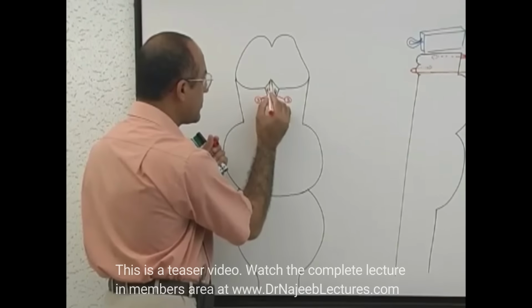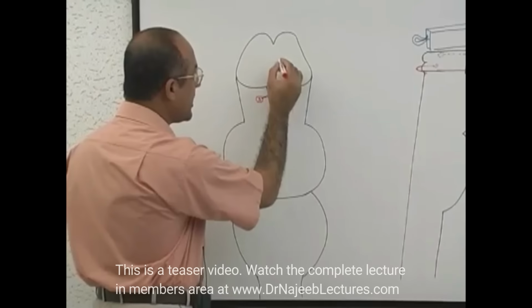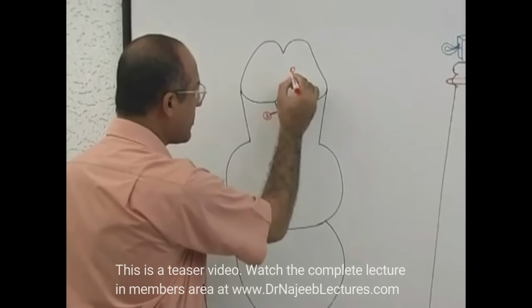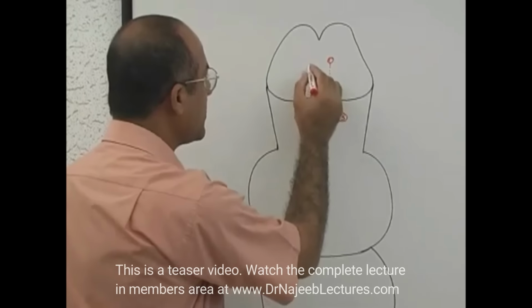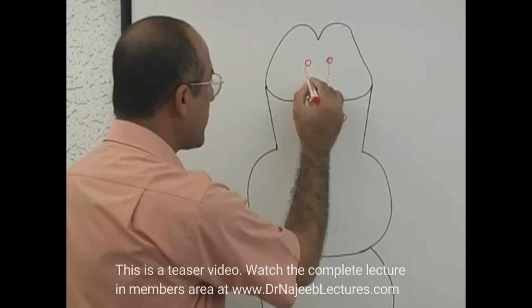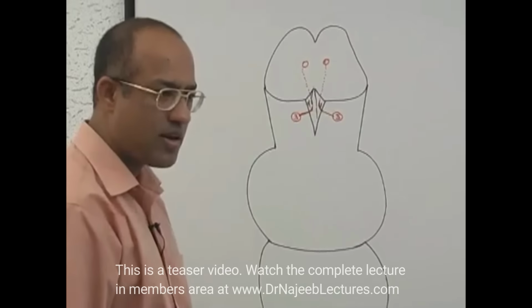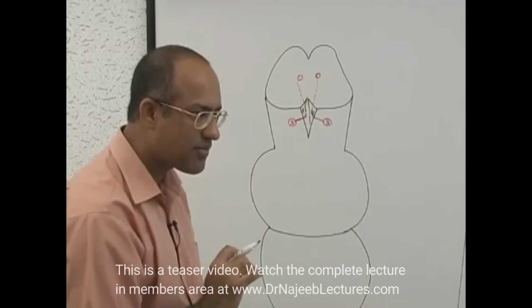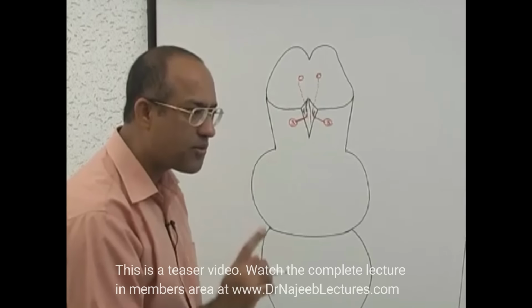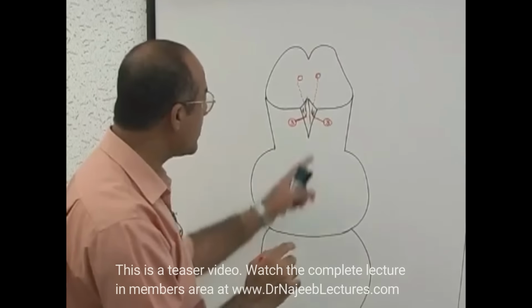Actually, nuclei are somewhere here, and from here, fibers are moving within the brainstem and eventually exit from this area. Am I really clear to you? Now you know exactly where the third nerve is attached with the brain stem, right? It is attached with the midbrain in the front, on the medial side of interpeduncular fossa.